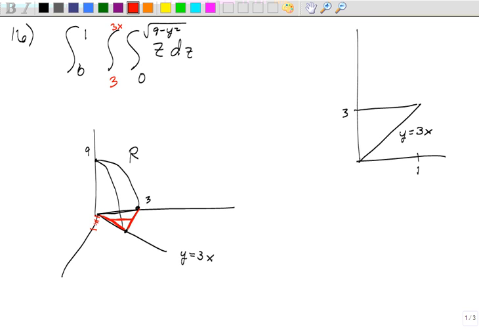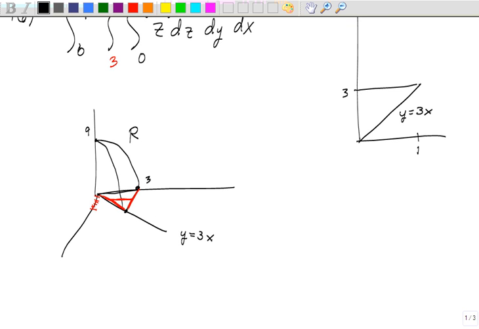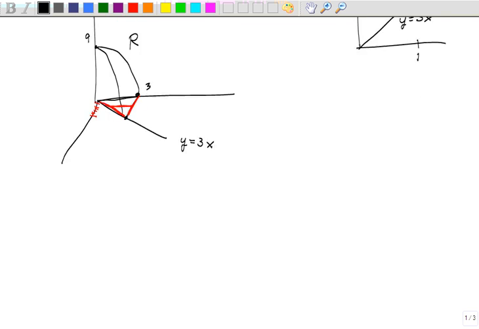And x goes from 0 to 1. And I'll leave you to integrate that, because the main thing is just to set this up. The integration is pretty simple.